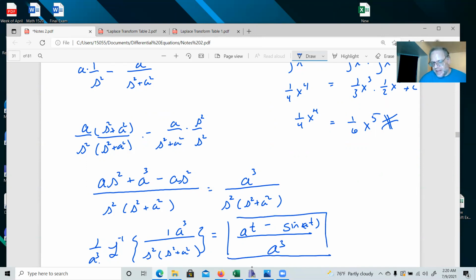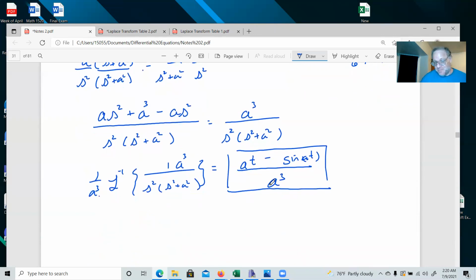I suppose we could pull an a out of here, but since it's not going to come out of here, you can't pull this a away. Sine is not a linear transformation; it doesn't work that way, so you can't pull this a out. Okay, so since we can only pull it out of one of them, let's not bother. I'll just leave it. It's a nice compact form there.